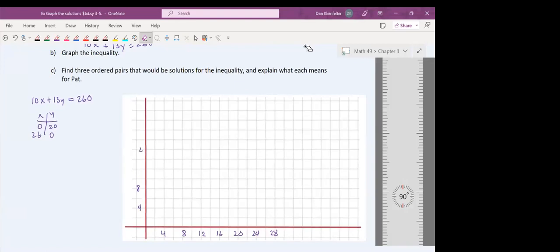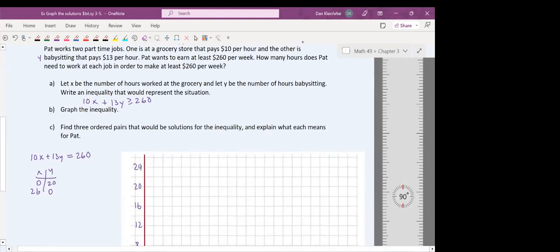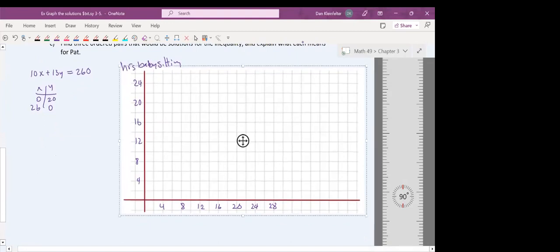We're going by 4s. All right, there we go. On the vertical axis, that was y, the hours babysitting. And on the x-axis was the hours at the grocery store.